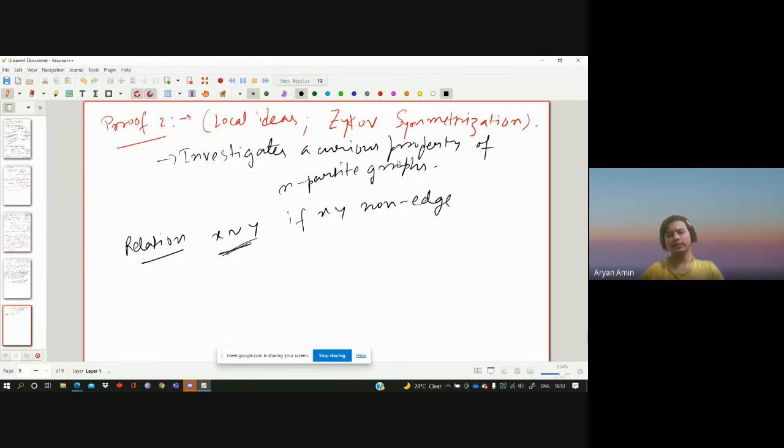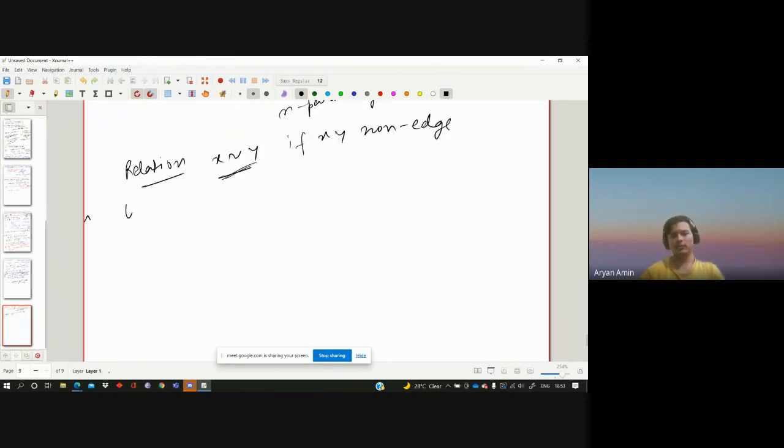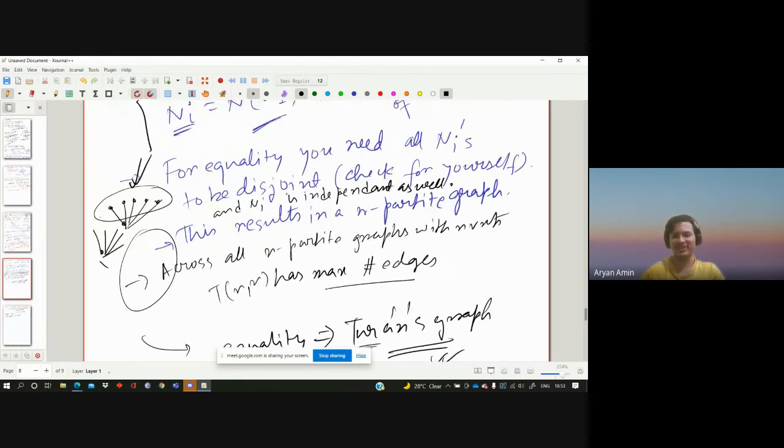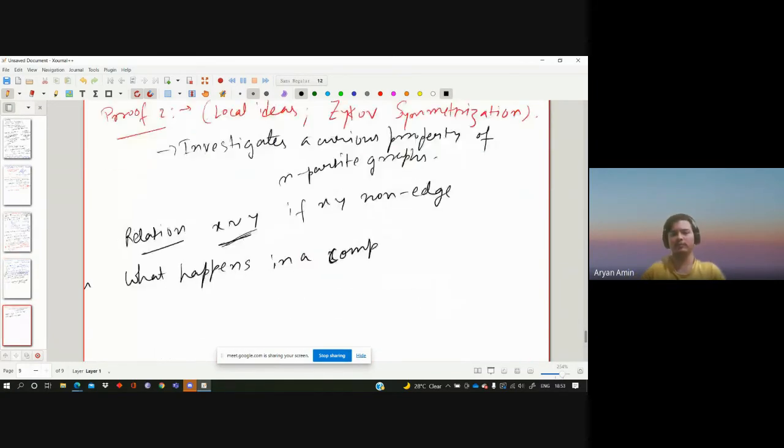What happens in a complete tripartite graph is also okay. Like in the previous proof, everywhere I used tripartite, it should actually have been complete tripartite graph. You should be able to understand where I meant.